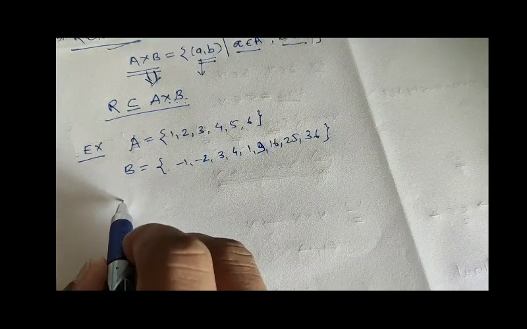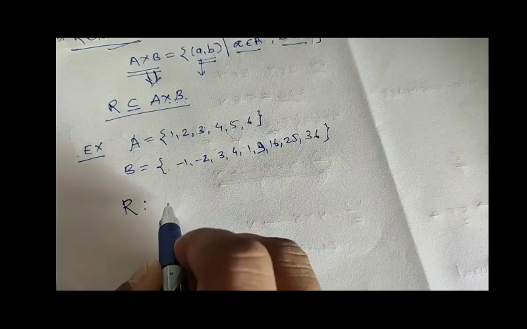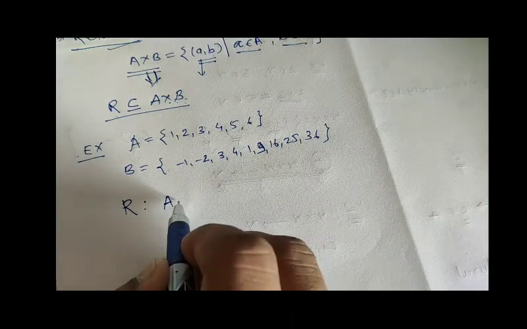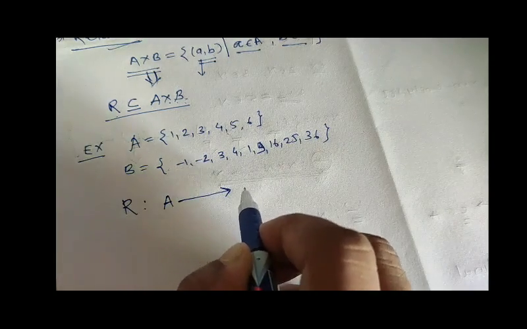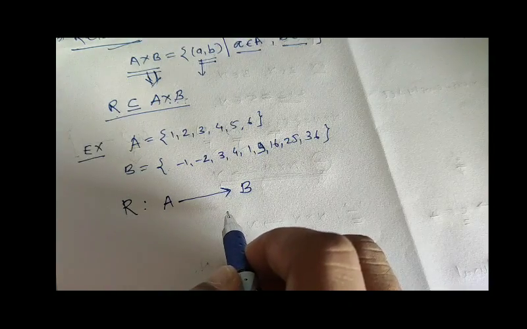Now I define the relation R such that an element of set A, that means the image of set A, is in set B.